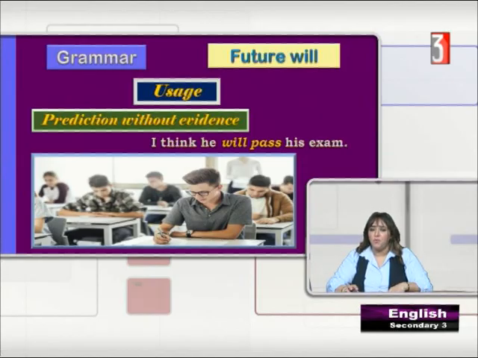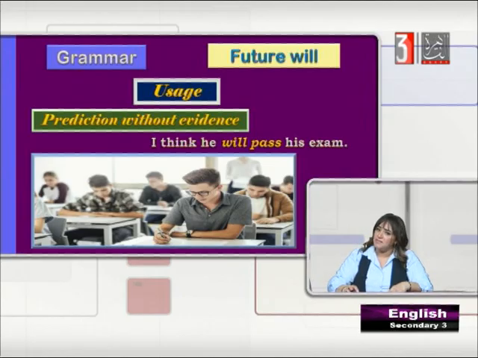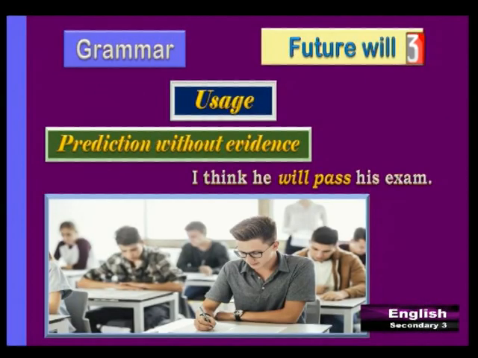I think I will. Repeat: I think I will. Okay? So I think he will pass his exams. As you know, he is answering the questions and he will pass. It means he will succeed. Yes, he will succeed.